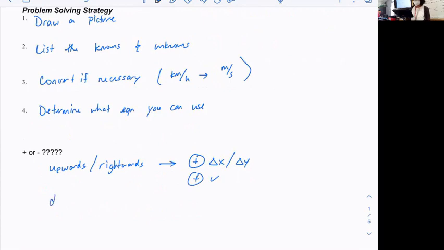And then downwards or to the left, you have a negative delta x, delta y, and a negative velocity. And you just should be consistent.